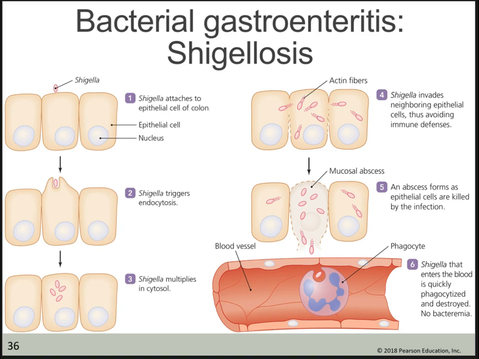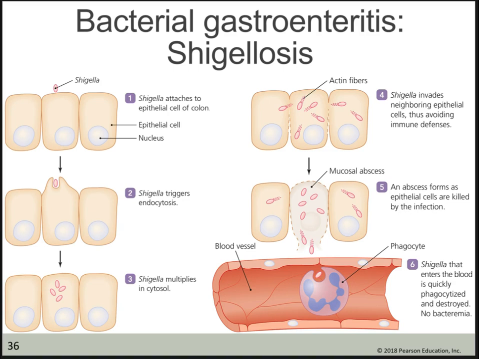Then the bacteria are able to get into the blood, because there are a number of blood vessels just underneath the cells that line the intestine. And that's because those blood vessels are there to absorb the nutrients from the intestine and spread that throughout the body.